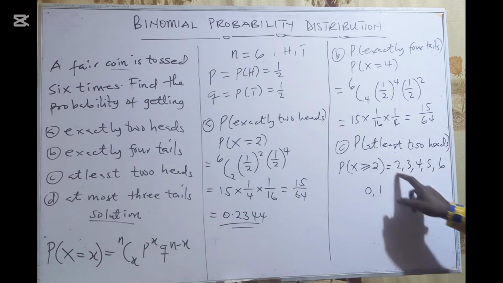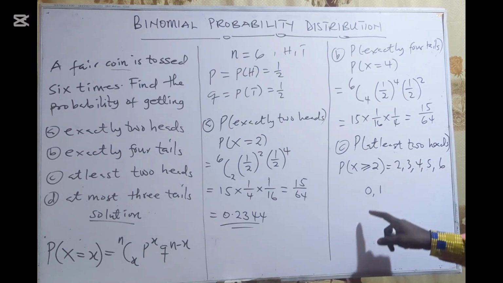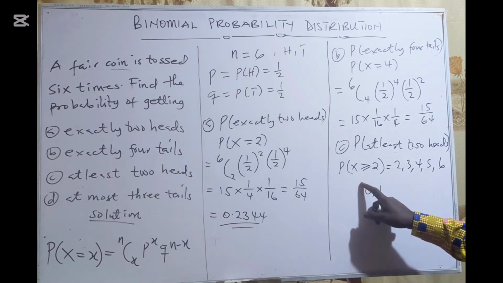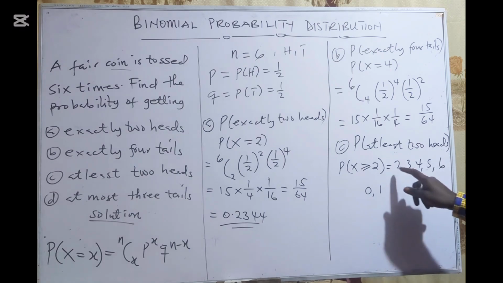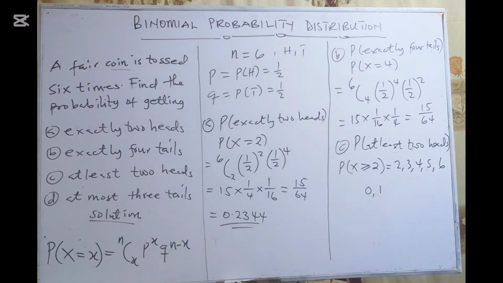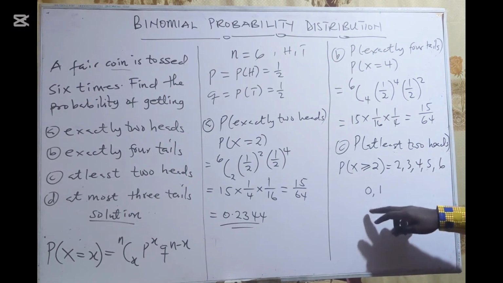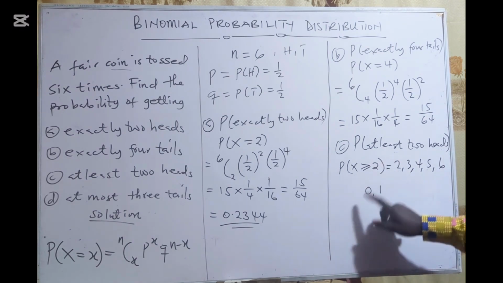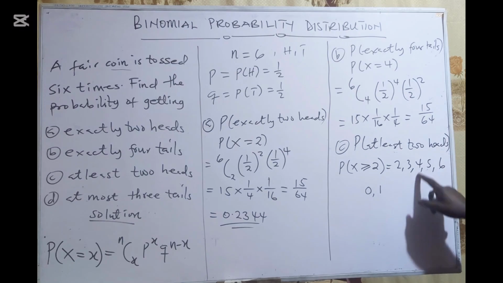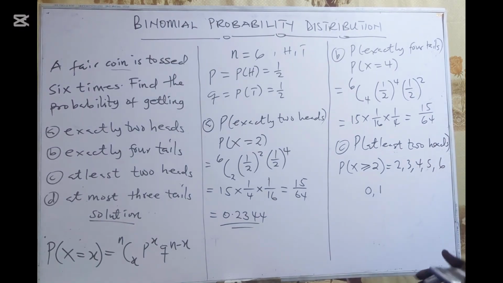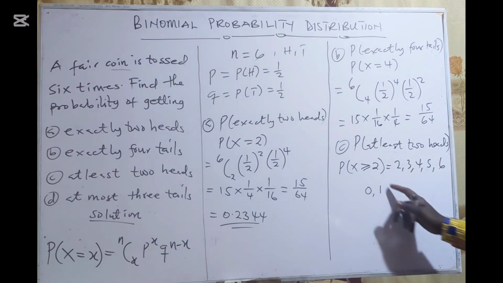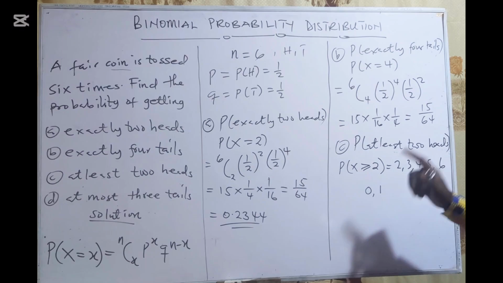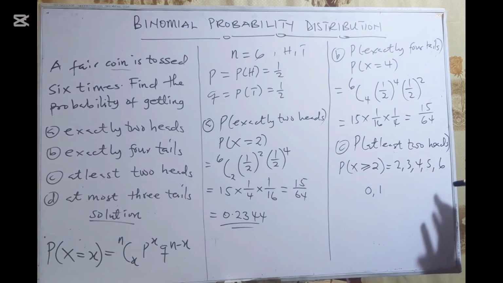So what we can do is to find the probability that there is no head in the outcome, there is 1 head in the outcome, then we subtract from 1, and that will give us this particular answer. Because if you put the probabilities of no head, 1 head, 2 heads, 3, 4, 5, and 6 all together, you get 1. So if I can find these 2, and I subtract from 1, I'll get this. I believe that is clear.